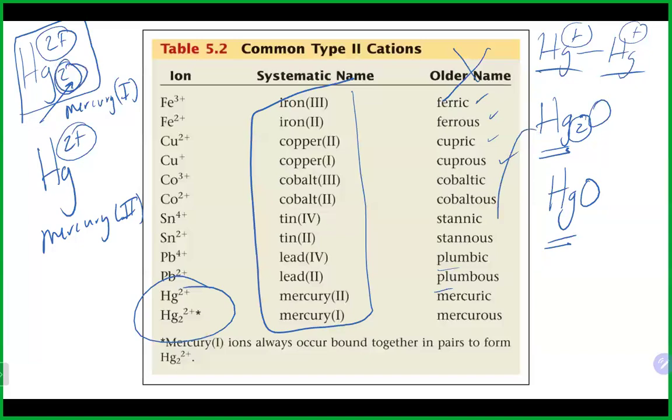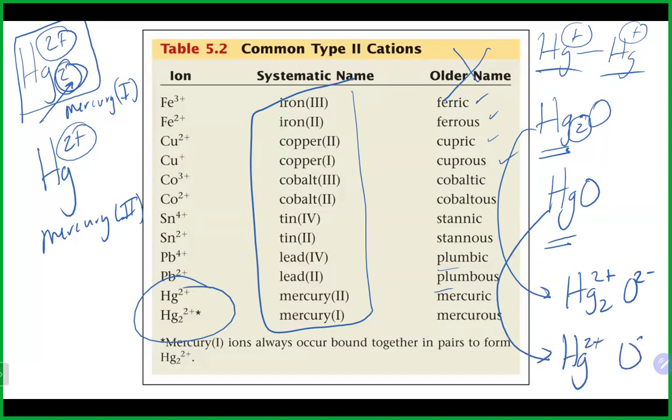So this one is Hg2 2+ and O2-, and this one, which is mercury 2, is Hg 2+ and O2-. So the way you could recognize mercury 1 is that 2 does tend to stick around on the bottom there. And that is how you could identify it. Any questions on that?